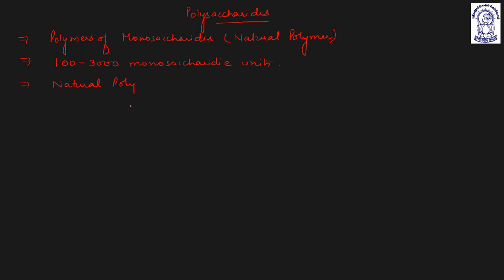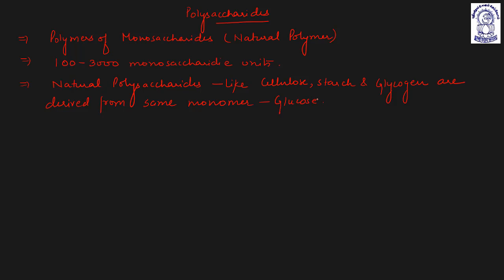Natural polysaccharides like cellulose, starch, and glycogen are derived from the same monomer, that is glucose.